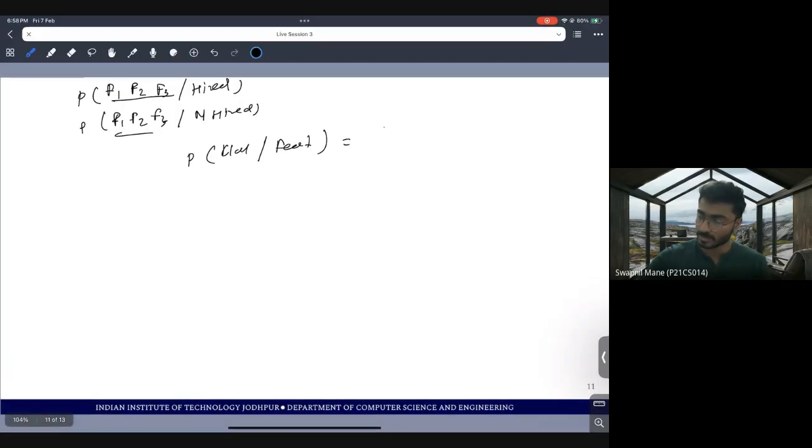This is the probability of the class given the features, which is the probability of the feature given the class, into the probability of the class, divided by the probability of the feature.